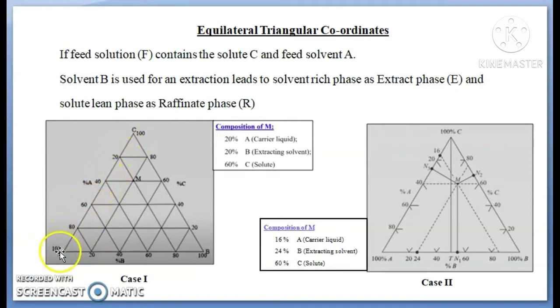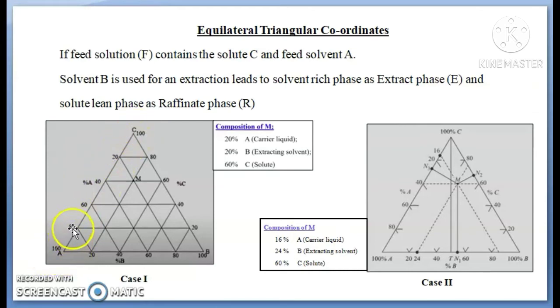The sides of the equilateral triangle indicate the percentage of only two components, and B is absent on the side where it does not appear. Here AB shows only the proportions of A and B, whereas the side AC indicates only the concentrations of A and C in different proportions.